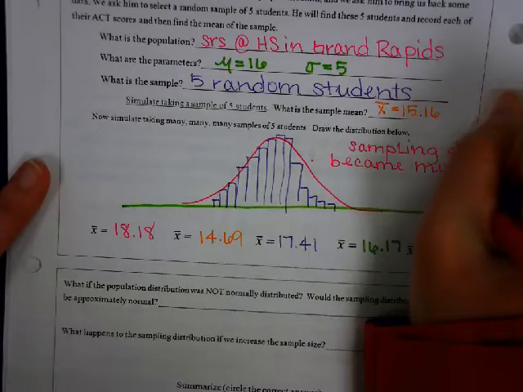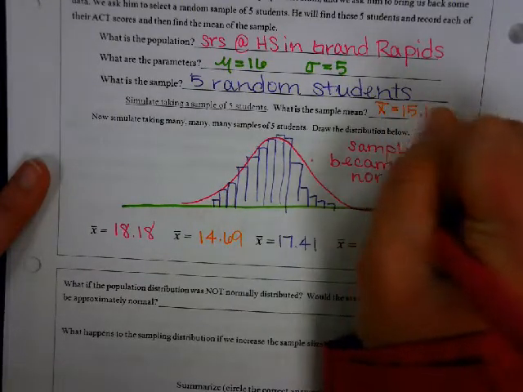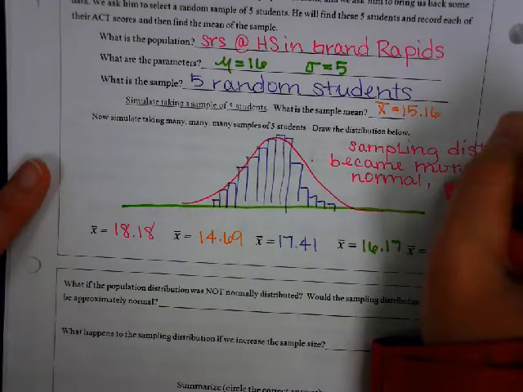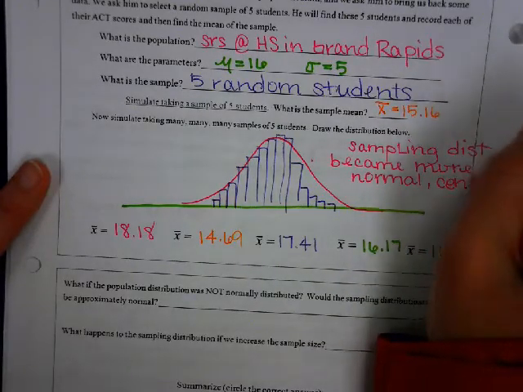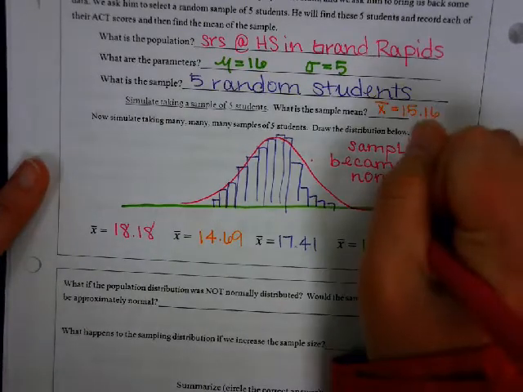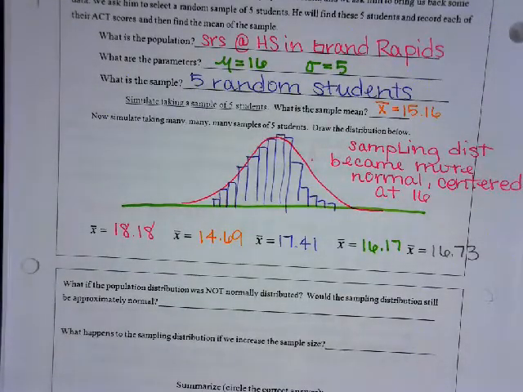One thing we didn't pay attention to: centered at 16. The standard deviation of our sampling distribution was 2.17. You believe me or you want me to show it to you?